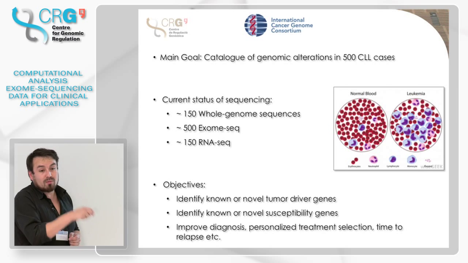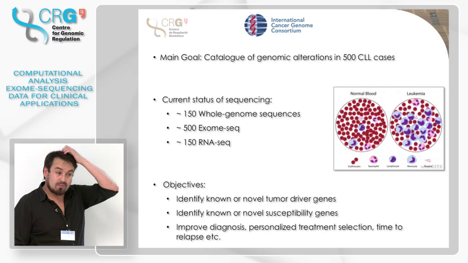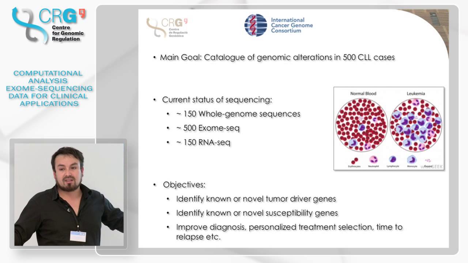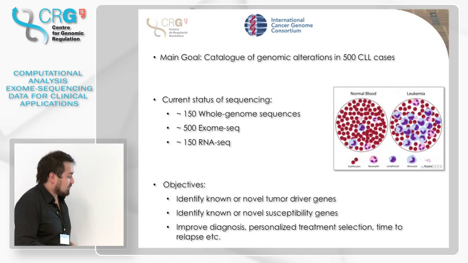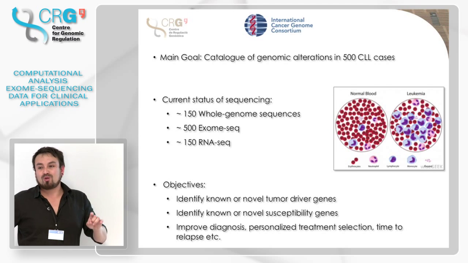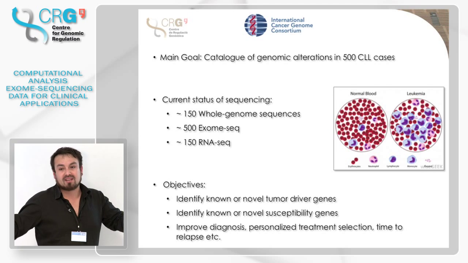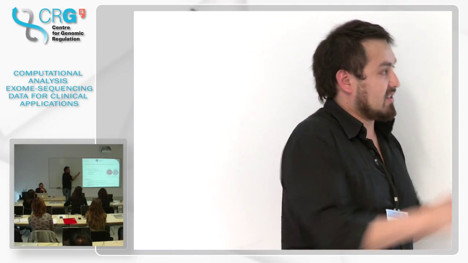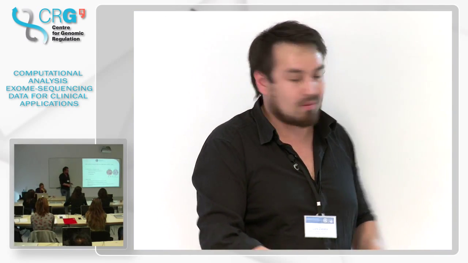From all of this information, they're going to publish a paper soon which tries to give a final summary of all the things that have been identified. Okay, but you will only do one case, and then tomorrow we will probably try to do a cohort of many cases, and you will see how the files look, and how you can identify the same things that they did in the big paper. Okay.